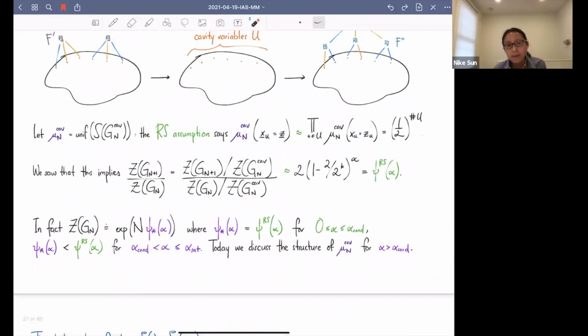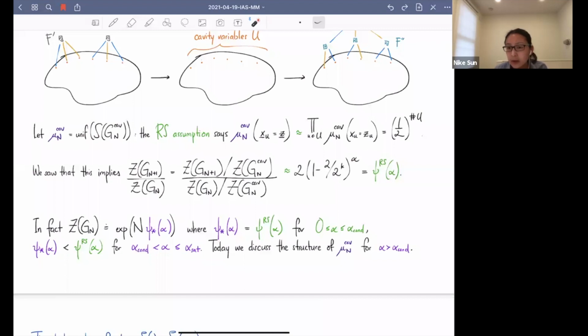Yes, so actually alpha_con has been calculated for quite a large class of models. This is not in our work, but in work of Amin Coja-Oghlan and some co-authors. So they have a general method to calculate alpha_con for a class of models. In our work, it also follows the value of alpha_con for this model.